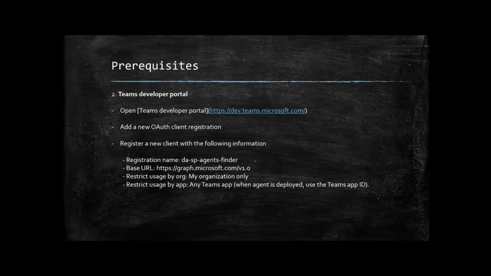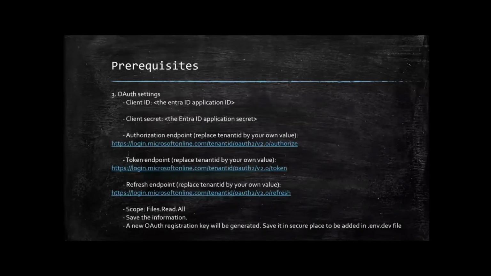After we create the authentication registration in the Teams developer portal, we will have to add the client ID and client secret that we obtained in the previous step of creating the Azure app registration, plus adding these three URLs: the authorization endpoint, token endpoint, and refresh endpoint. And remember to replace the tenant ID with your tenant.